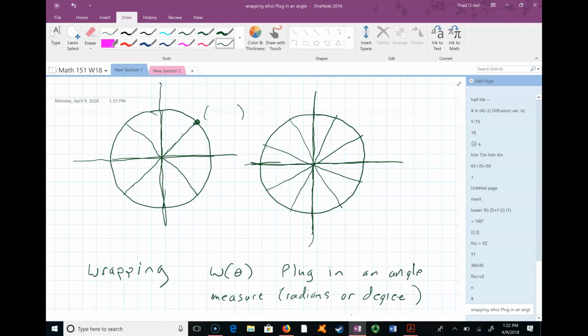So when you're looking for multiples of 45, you look in this circle. And when you're looking for multiples of 30, you look in this circle. So one of the fundamental ideas is that 45 degrees is the same thing as pi over 4 radians. And here, 30 degrees is the same thing as pi over 6 radians.